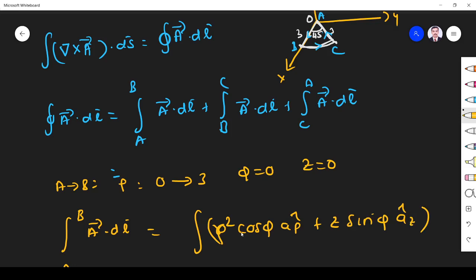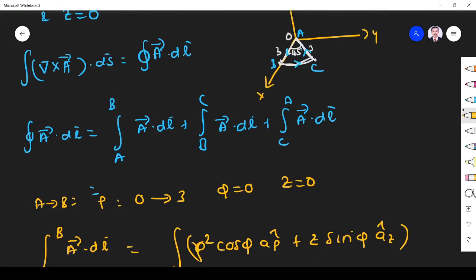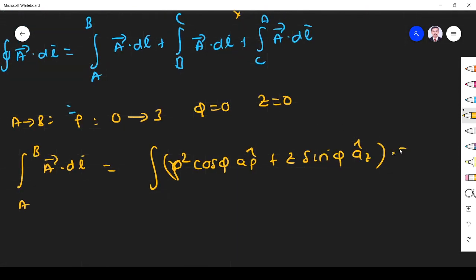From a to b, only the rho component varies from 0 to 3. Phi is not varying, z is also not varying. So dl in the cylindrical coordinate system is d rho a rho plus rho d phi a phi plus dz az. Here only rho is varying, the others are 0, so dl is equal to d rho a rho.